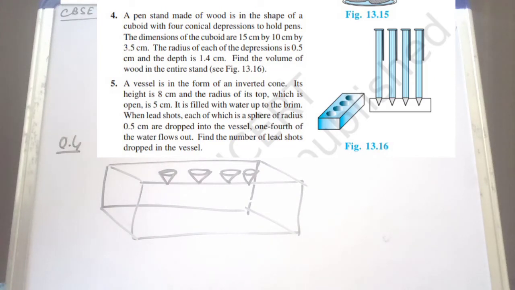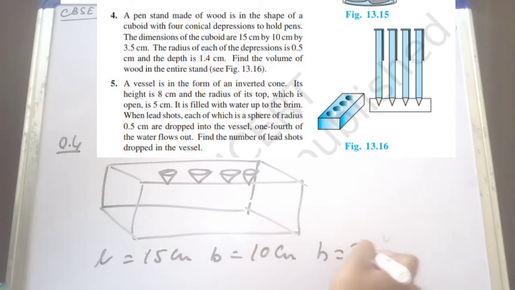And the dimensions of the cuboid, that means length, breadth and height, are 15 centimeter by 10 centimeter by 3.5 centimeter.